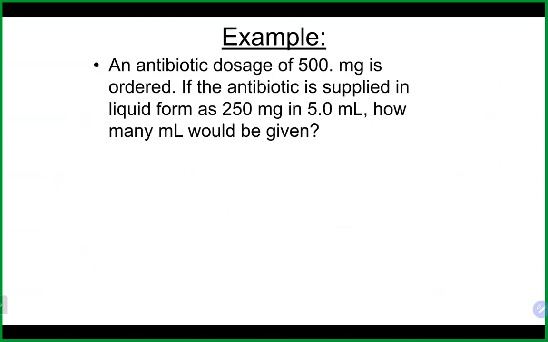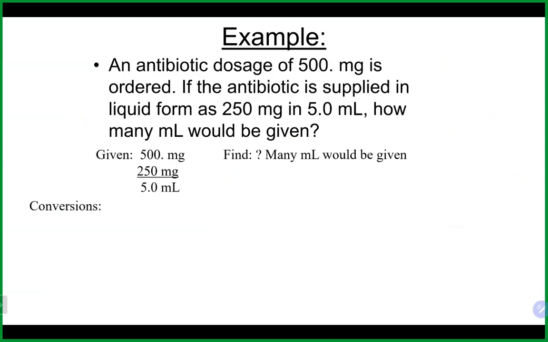All right. Let me try another one here. We have an antibiotic dose of 500 milligrams that we're looking for. If the antibiotic is ordered as 250 milligrams per 5 milliliters, how many milliliters would that person be given?